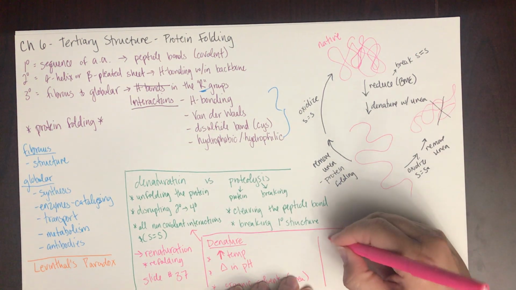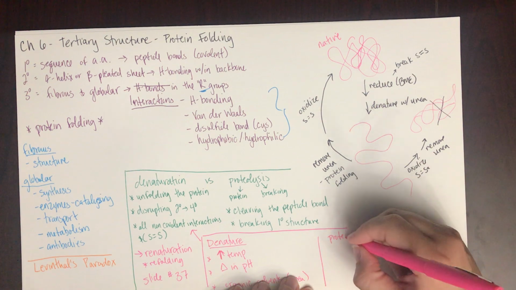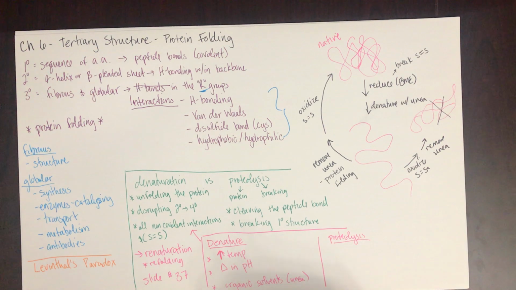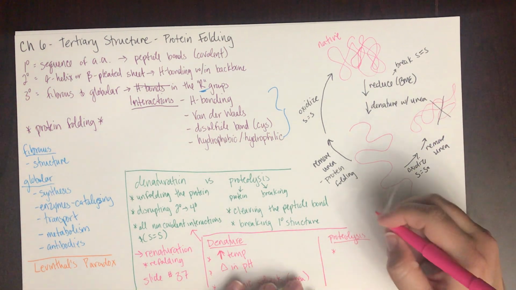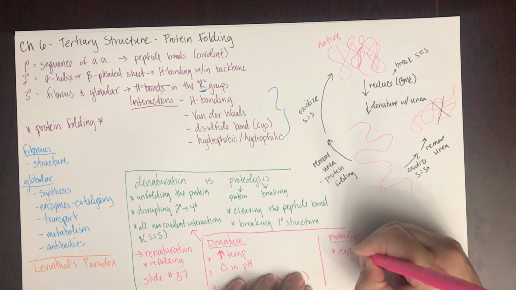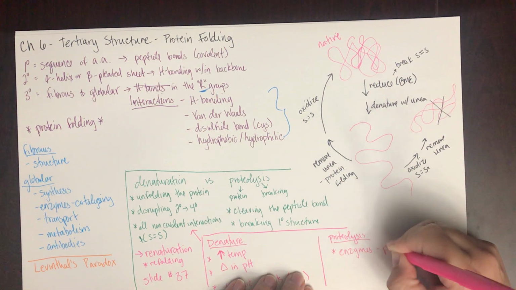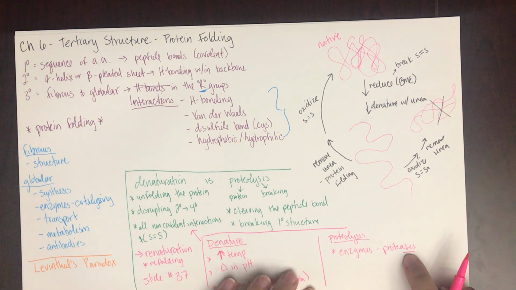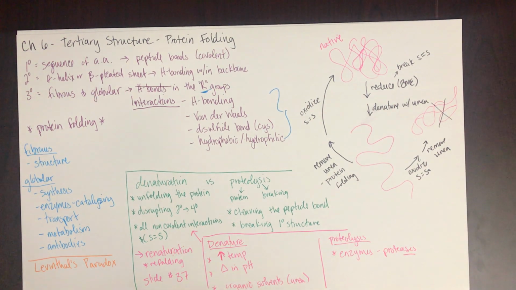Proteolysis is when you're actually cleaving those peptide bonds, and this is usually catalyzed by enzymes called proteases. Anytime you see the suffix ase, that indicates that there is an enzyme there.